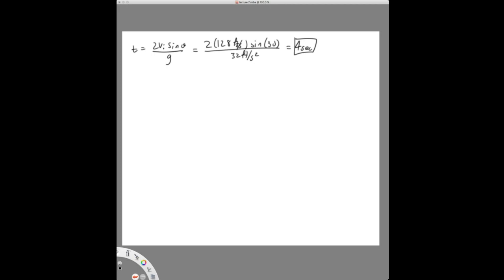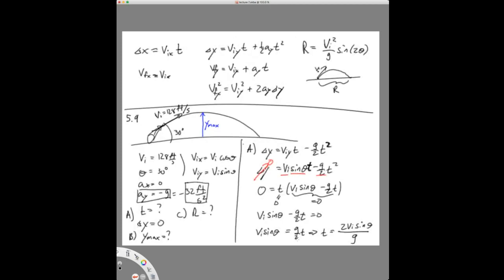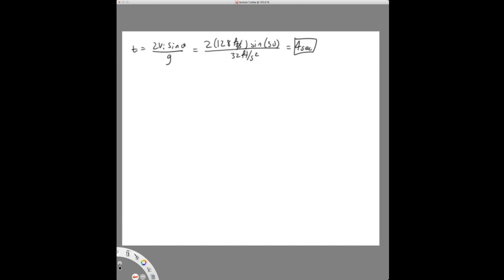So if we go back and look, we would have minus g over 2 t squared plus v_i sine of theta t.